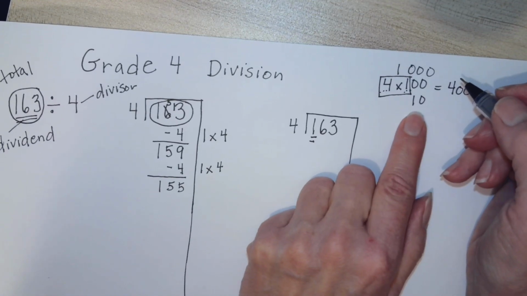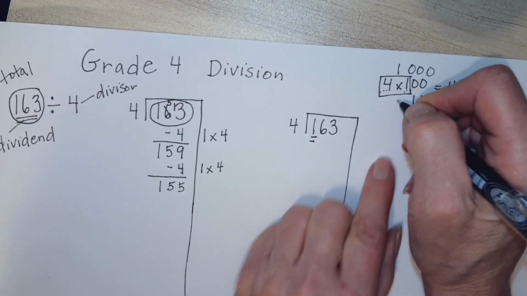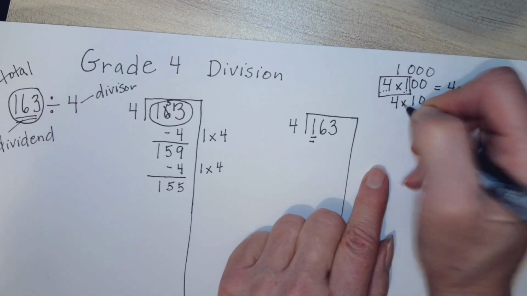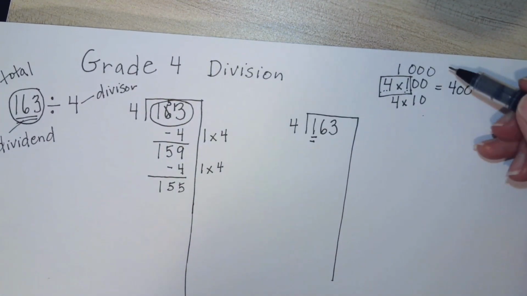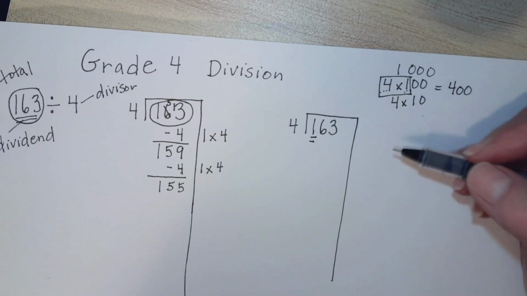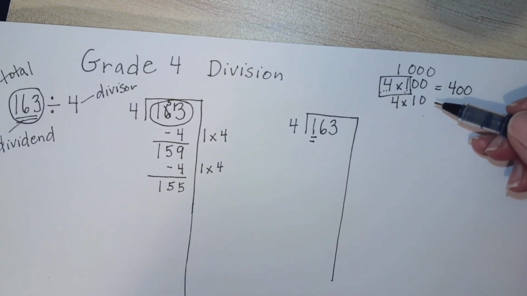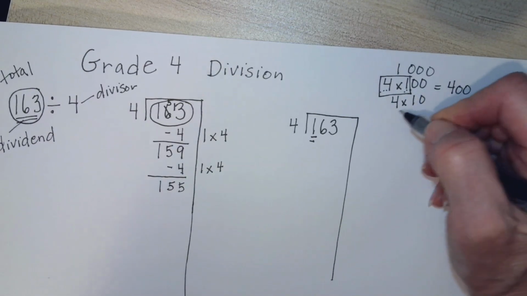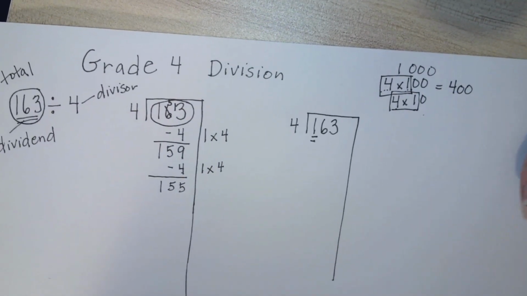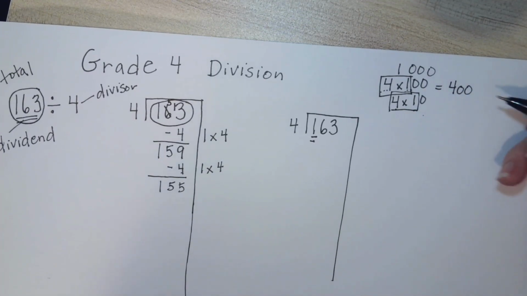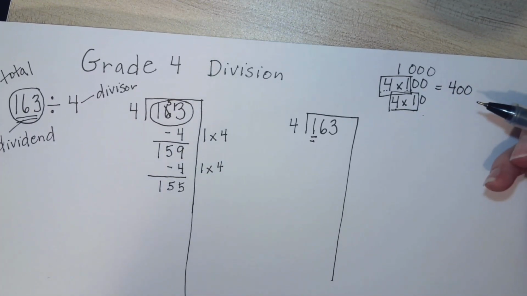So now I can use what I know about 4 times 10. And let me explain the reason we start with 10, 100, or 1,000. It's simply because they are the easiest to multiply mentally, okay? Because it's just thinking of the number times 1, and adding a 0 or 2 zeros or 3 zeros.